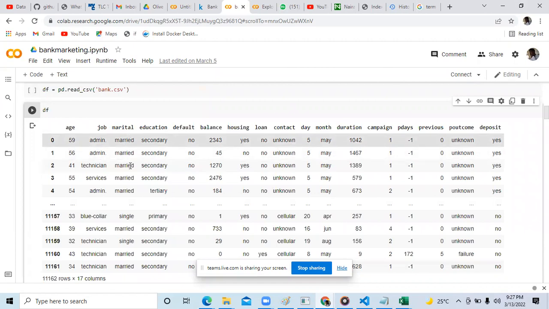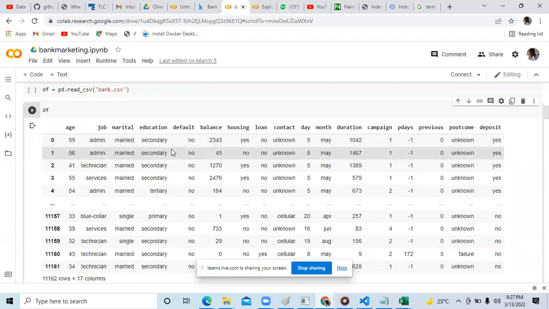How does marital status affect education? What's the similarity between marital status and education, and how does it affect their ability to make deposits? The reason is that if you understand and can figure out insights from how these input variables affect each other, then you can decide to join two input variables to create a new input variable. Does that make sense?